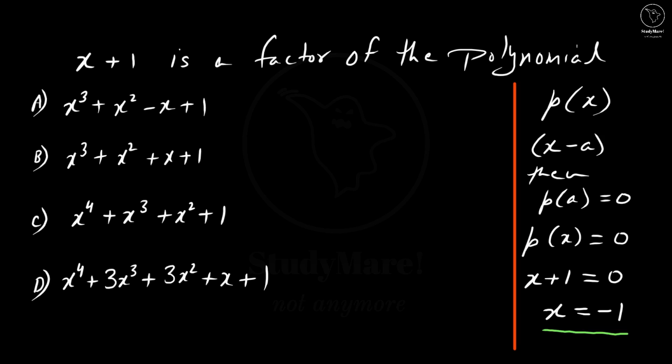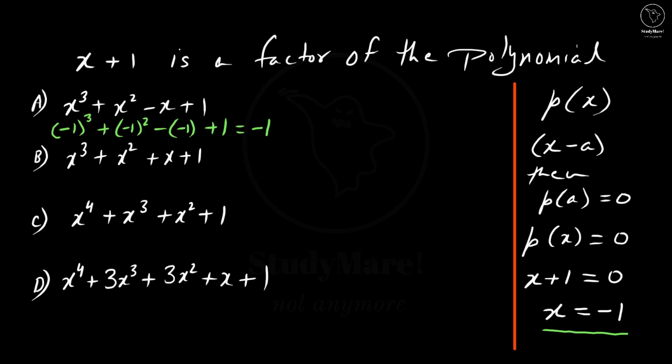So if we start with option A, x cube, just place minus 1 in place of x. So this is (minus 1) cube plus (minus 1) square minus (minus 1) plus 1. Just simplify this. (Minus 1) cube is minus 1.